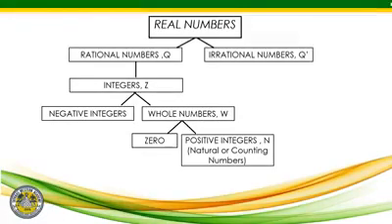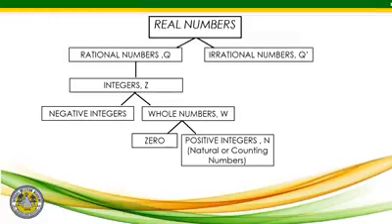Using the schematic diagram, you will notice that under rational numbers, we have what we call integers. When we say integers, this can be decomposed into three subsets: negative integers, zero, and positive integers.